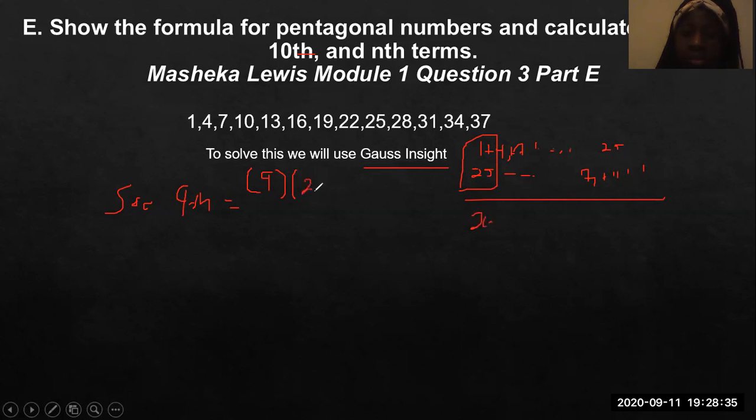So 26 would be the one that goes here. So 9 times 26, and then we'll divide this by 2, and whatever the answer is will be the 9th pentagonal number. And this will be 117.